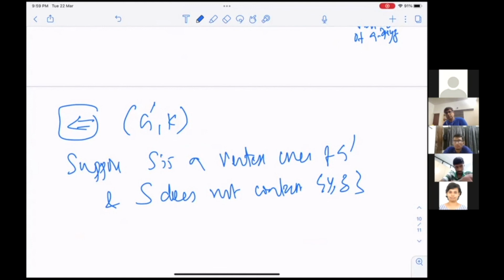In our construction, there is an edge YZ, no? Yeah, you are right. So S does not contain both Y and Z. Okay, fine.